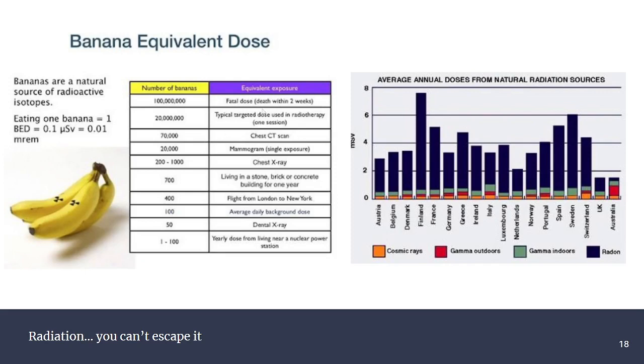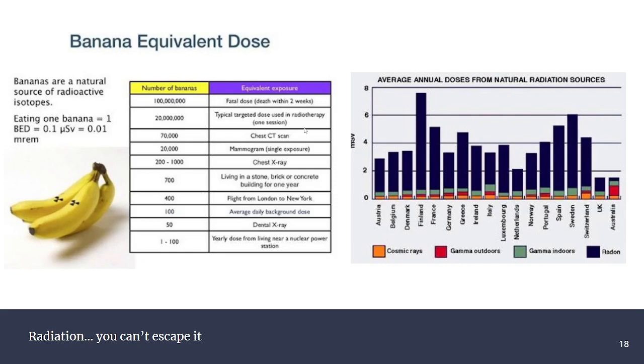But there's other ways that you can conceptualize things, like chest scans are 70,000 bananas, mammograms 20,000, that kind of stuff. You also see the difference in getting scans, because it does matter what type of scan you're getting. Chest X-rays aren't going to be as much as a CT scan, and that kind of stuff.